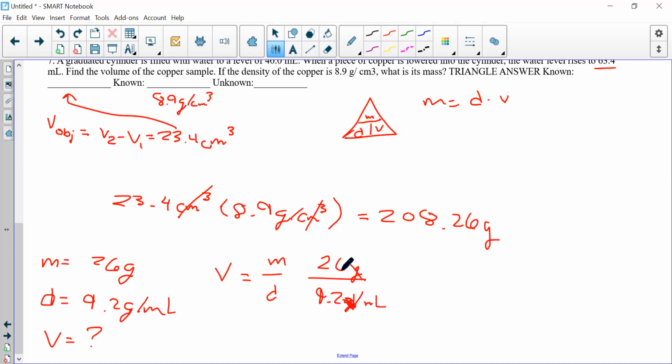And then 26 over 9.2 is going to give me 2.83. And then what's my unit here? You're right. It's the milliliter. All right, so 2.83 milliliters.